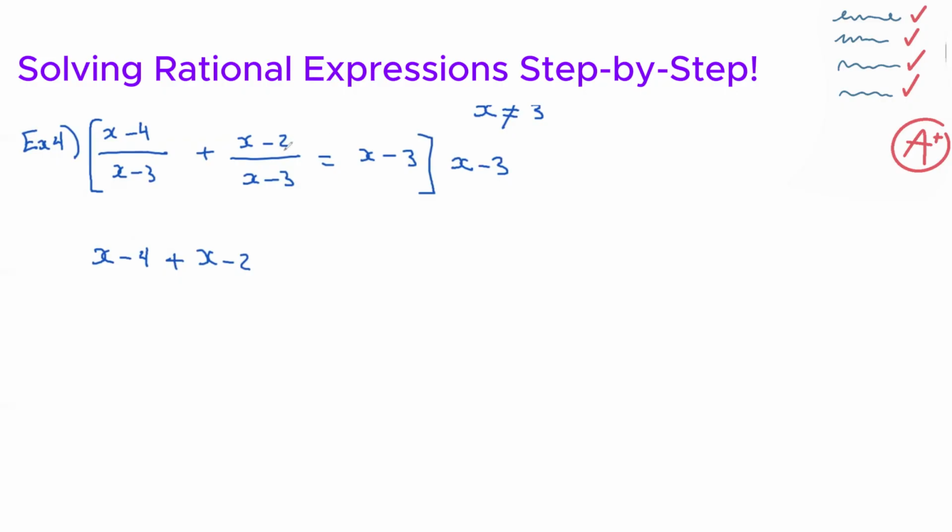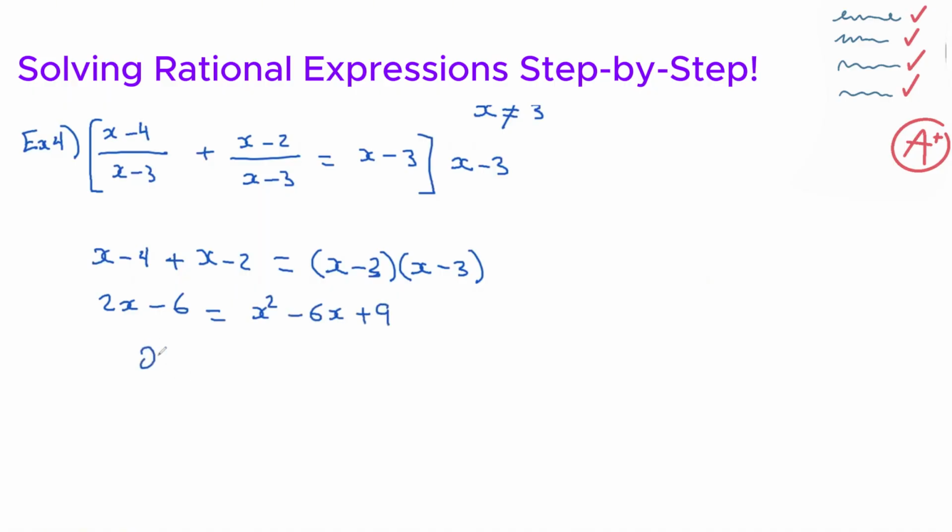When you multiply it into here, x - 3 will cancel, and you're left with x - 2. And you have to multiply everything, so even the right side of the equal sign, and then nothing cancels because it's over 1. So you'll have to multiply the x - 3 into here. So that's 2x - 6 equals x² - 3x - 3x is -6x + 9.